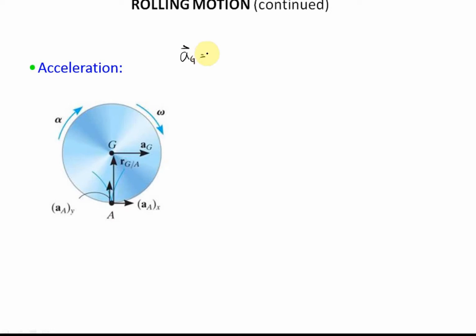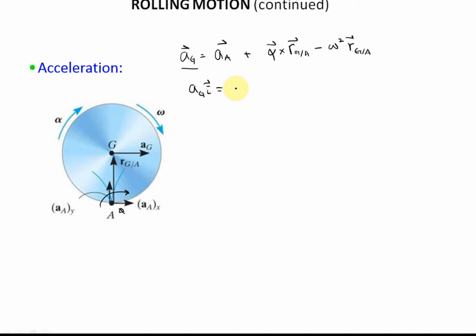AG is equal to AA, with A as my base point, and we analyze as if G is rotating about A. So we can write alpha and R GA, and omega square R GA. At point G, the acceleration has only a horizontal component, because the G point cannot move up and down, so I have only the I component.